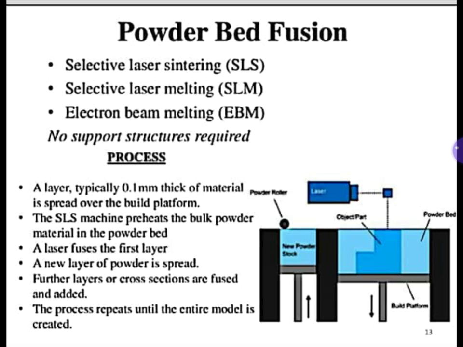After this, the process is going to be repeated till the entire model is created. So here in this process, we are going to use a number of heat sources, from electron beam, or it may be by laser light.